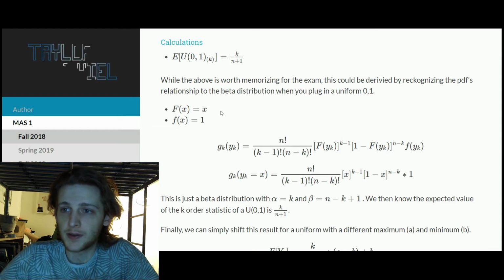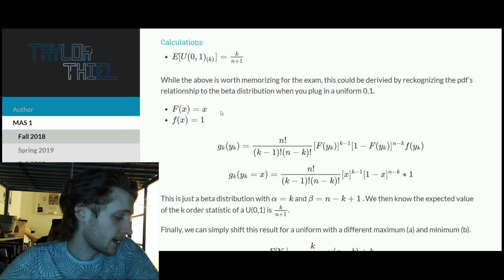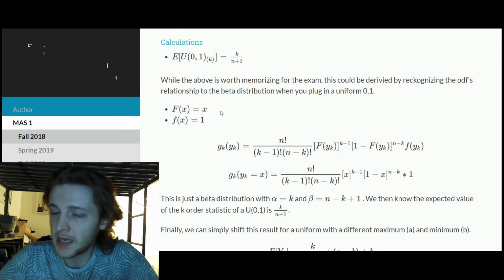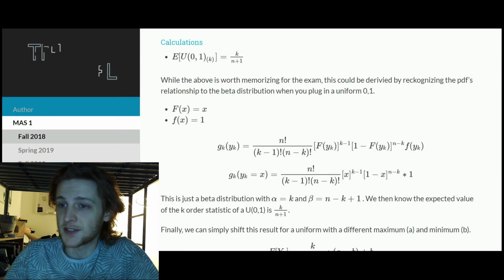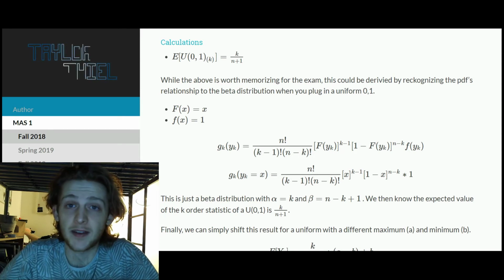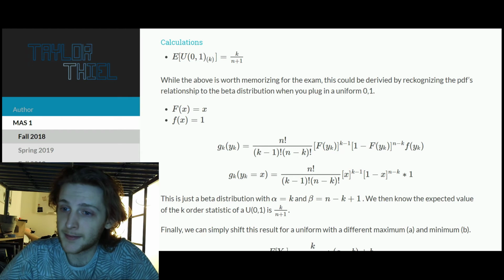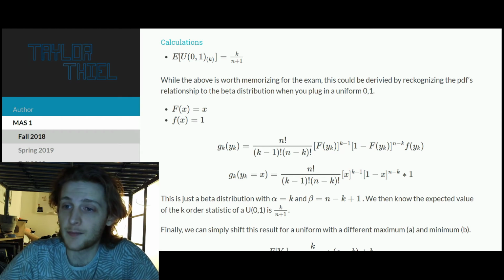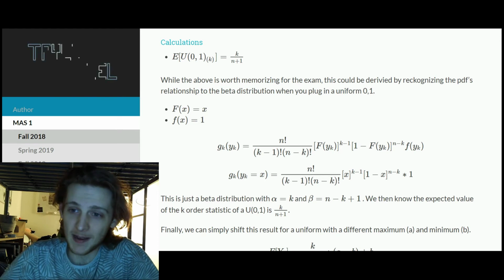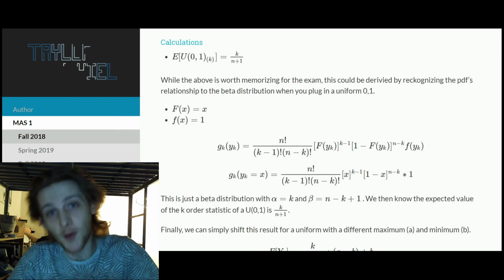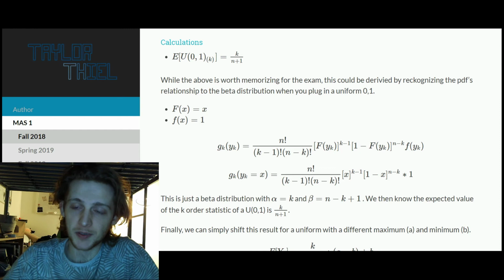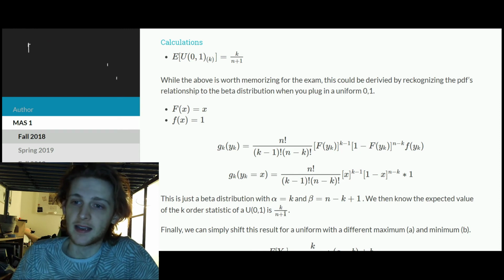Plugging that into the formula we were given, we get this mess, which isn't too much better, but at this point we can recognize that this is just a beta distribution, with alpha equal to k and beta equal to n minus k plus 1. So you can go to your formula sheet and plug and chug for the mean of a beta distribution, and that's how we end up getting k over n plus 1.